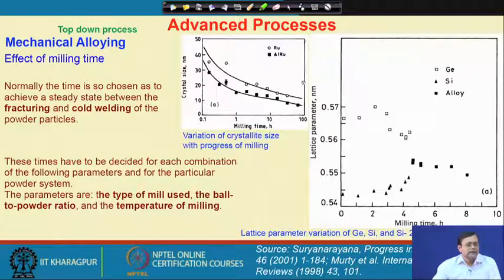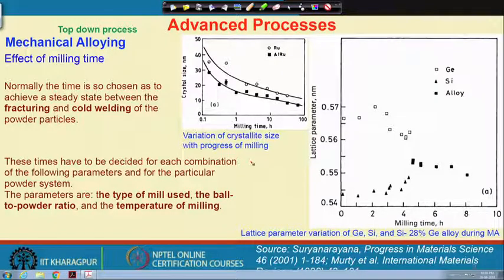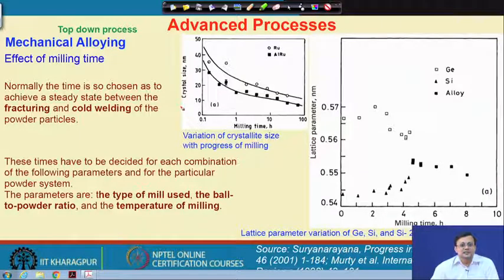Now, the time is also very much important. So, how much time you will allow for a milling purpose. So, like a crystal size, here I am talking about maybe the particle itself is 1 micrometer, but inside a particle there are many crystals.